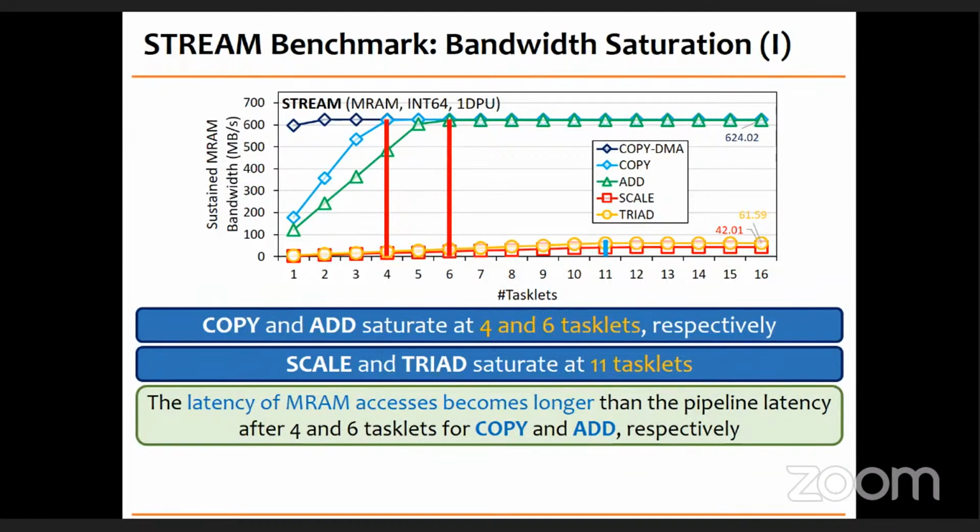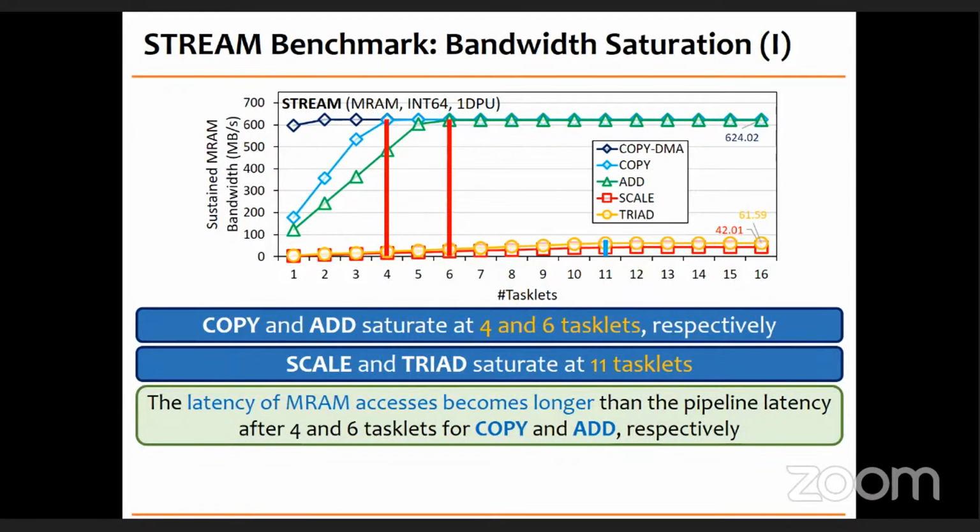And because these DMA transfers are serial, we are increasing the latency of all these operations together. But at the same time, we have execution of arithmetic operations for copy, which are the accesses to WRAM, or add, or scale, or triad. We are executing these instructions in the pipeline. The pipeline is pipelined, right?